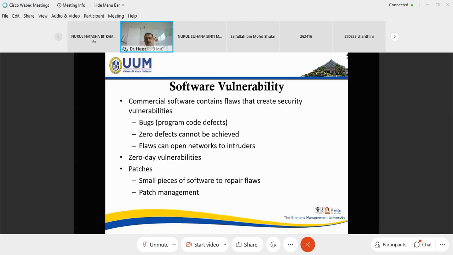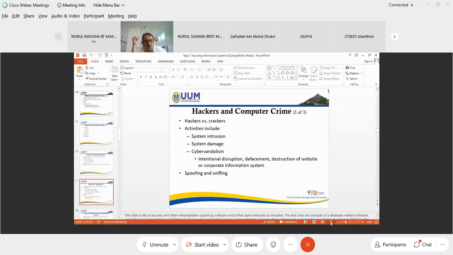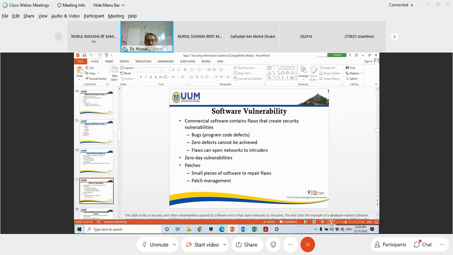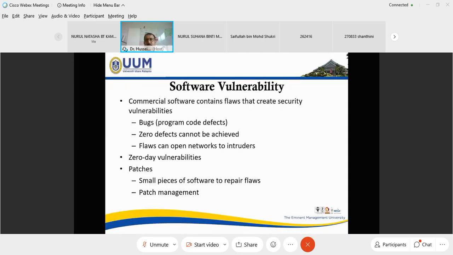We cannot speak of zero-day vulnerability unless we practice security and procedures. Patches: what is that? You know software, Windows. What does Windows do? Patches. From time to time, they ask you to please update Windows.